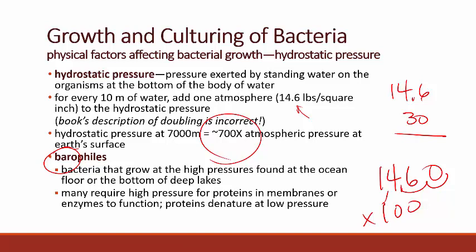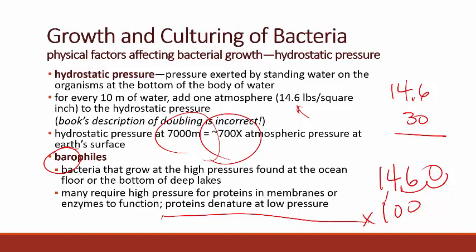And the reason that barophiles do better at pressure is because they require these high pressures for the enzymes to function. It turns out that among barophiles, if you bring them up to a reduced pressure zone, so let's say you took something that was at 7,000 meters below the ocean surface and you brought it up to sea level and were experimenting with it, you would find that the bacteria do not grow, or they don't grow very well, because their proteins will denature at low pressure.